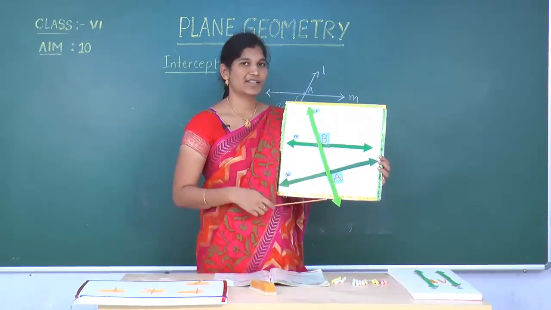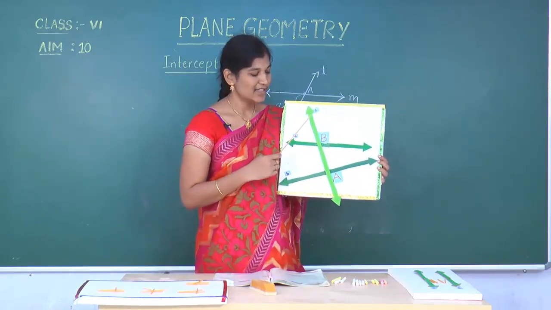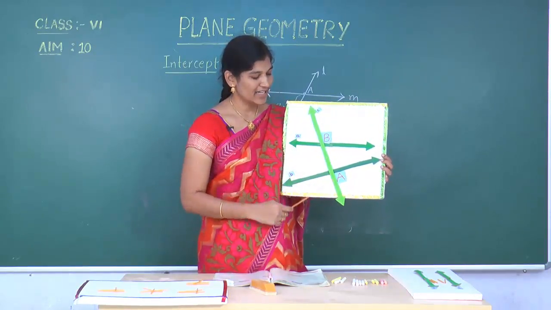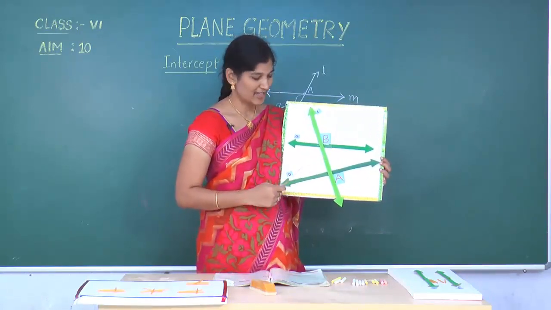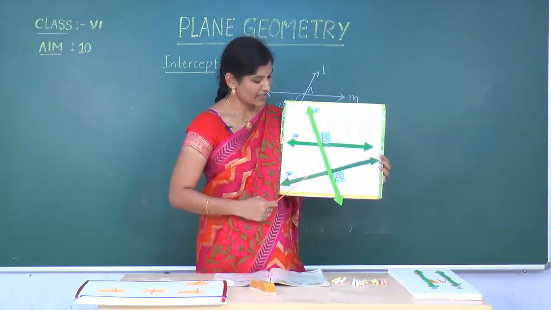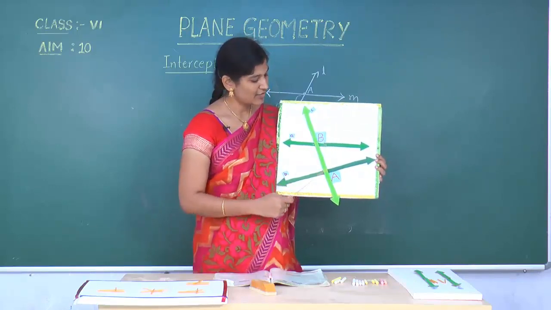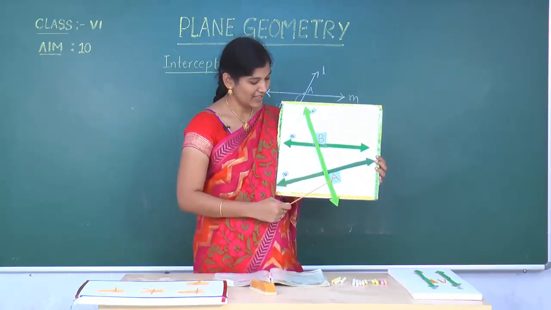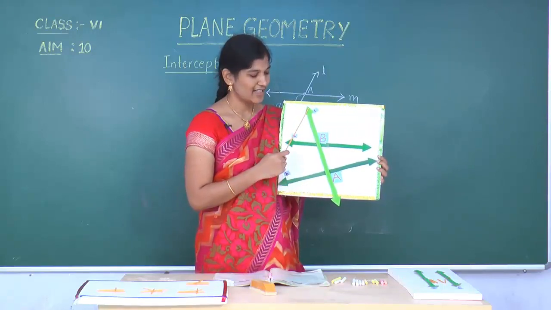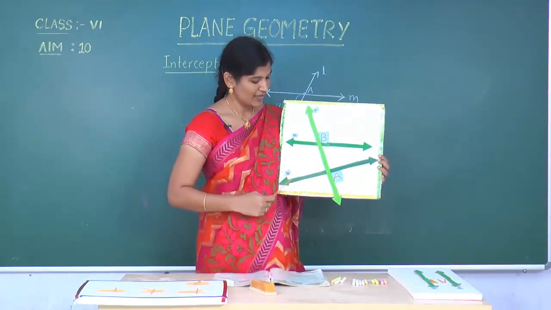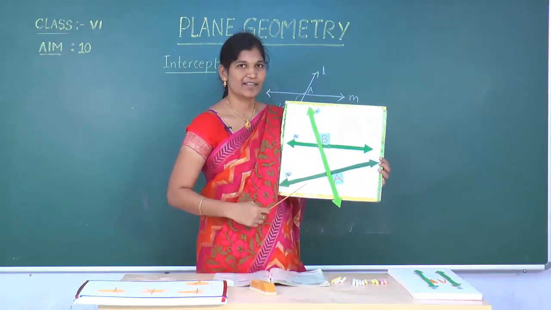Why not? Yes, here line c is a transversal. Why? Because this line intersects the given two lines at two different points, which are A and B. So I can say c is the transversal to a and b.